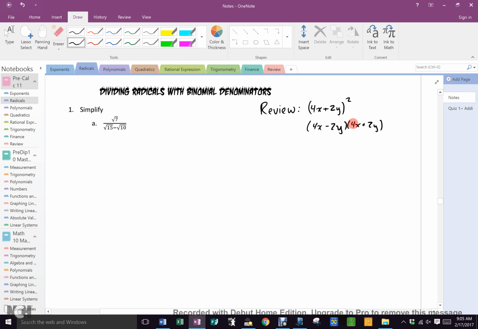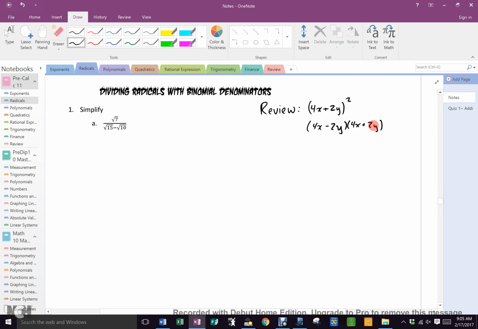So what is going to happen to this when I multiply it out? When you FOIL, what happens to the linear term? The middle term, what happens to it? It disappears, right?